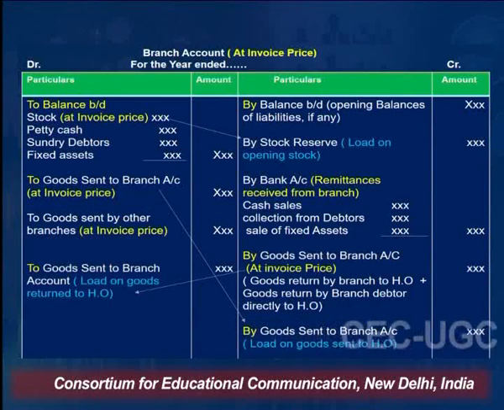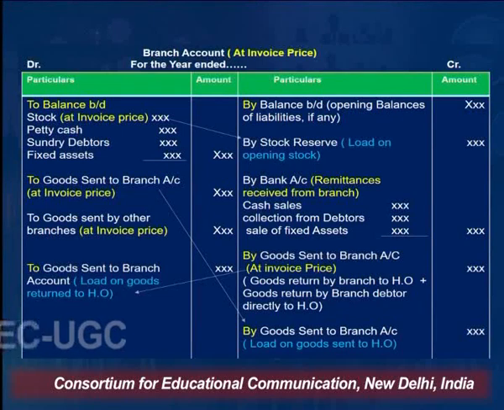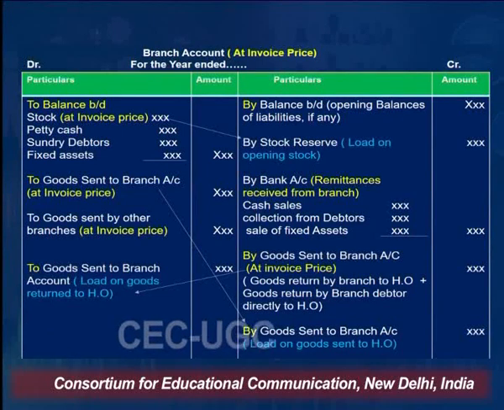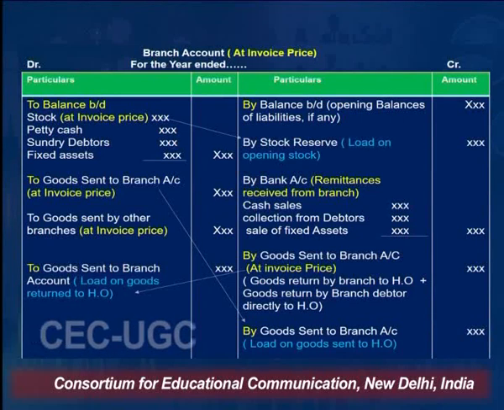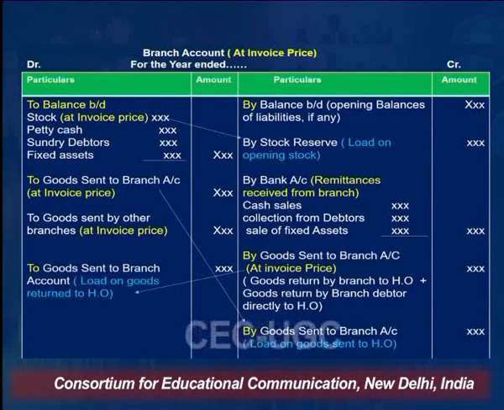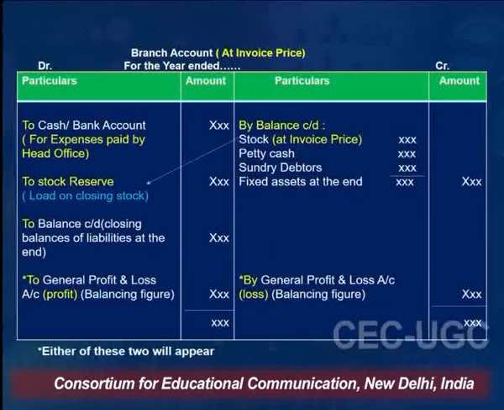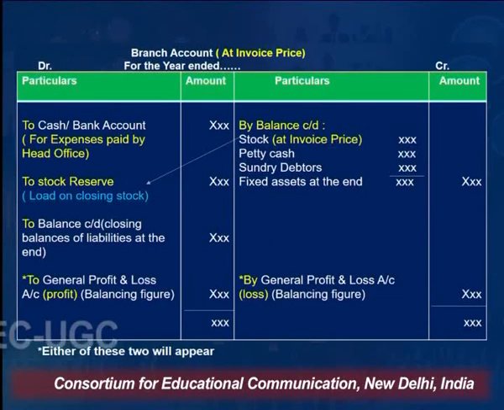So this depicts the loading on the opening stock, and this is shown on the credit side. The next item, that is goods sent to the branch, on the debit side, the loading of this is shown on the credit side of this account with the name goods sent to the branch, and it is written there as loading on these goods. So after preparing this branch account, profit or loss will be calculated.